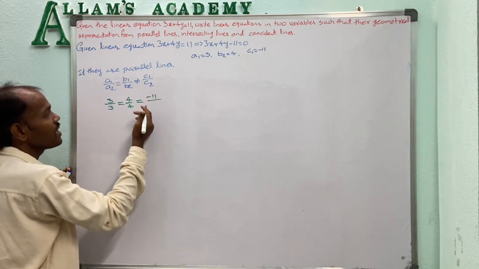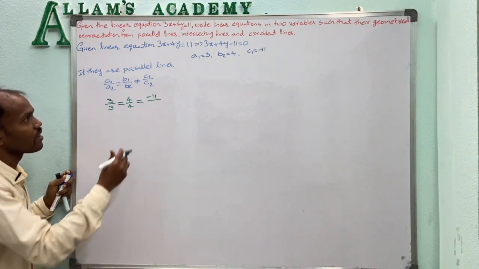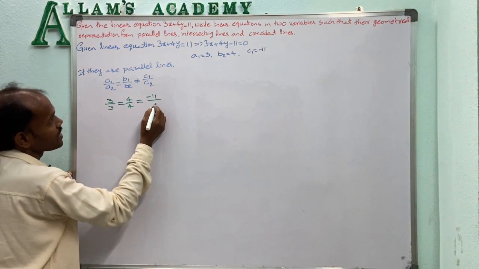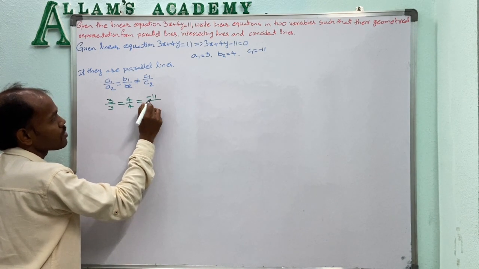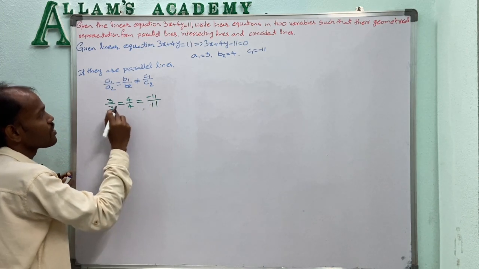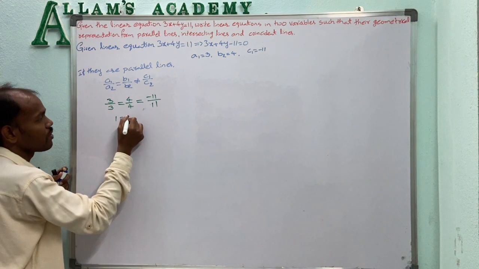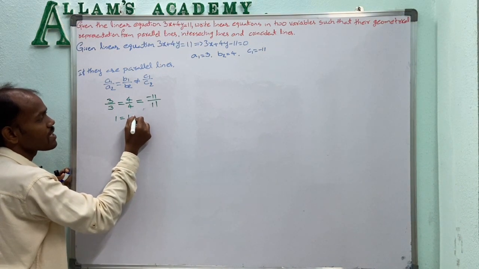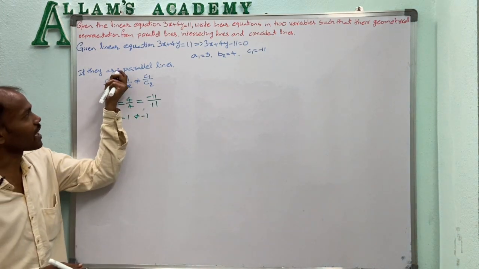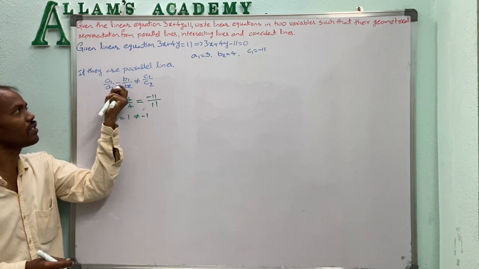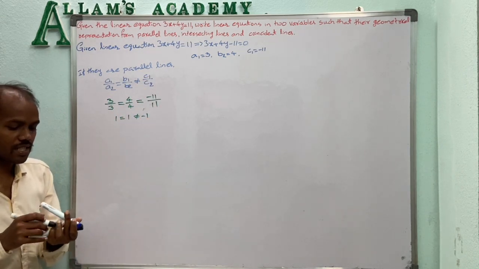Now c2: 3 by 3 is 1, 4 by 4 is 1, and for the constant I am writing plus 11, so minus 11 by 11 equal to minus 1. So the condition is satisfied, a1 by a2 equal to b1 by b2 not equal to c1 by c2.